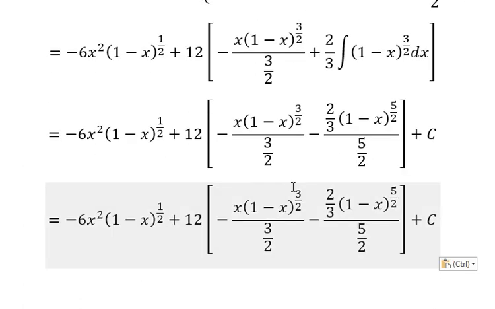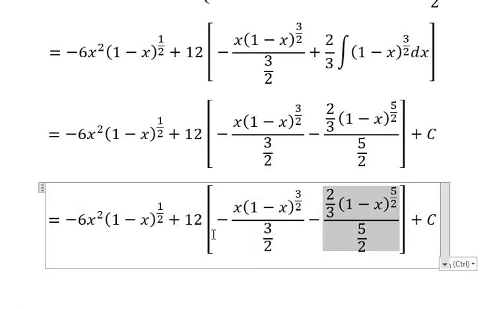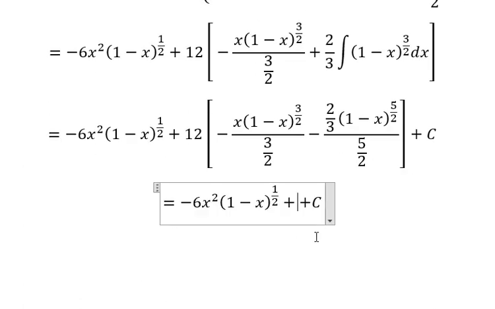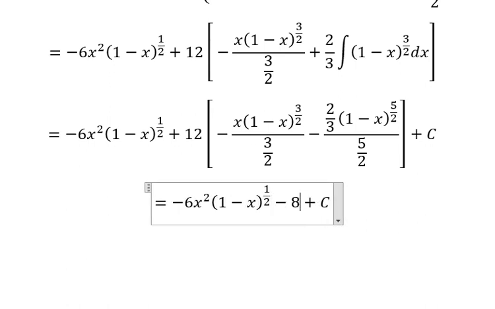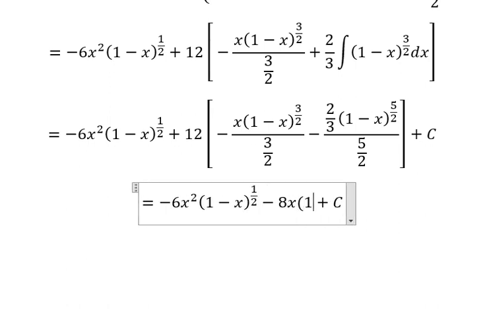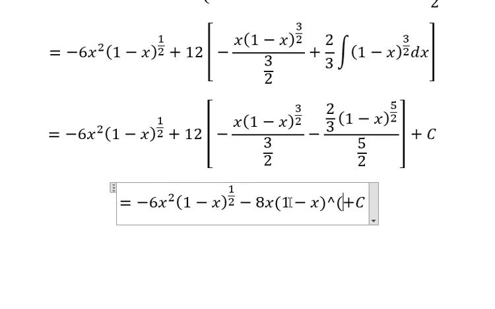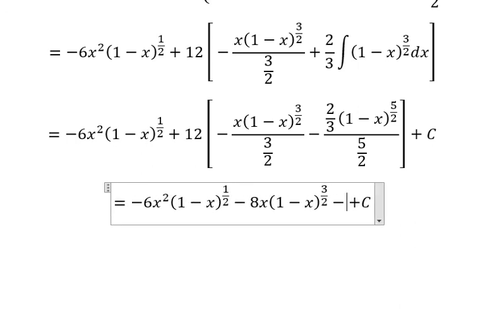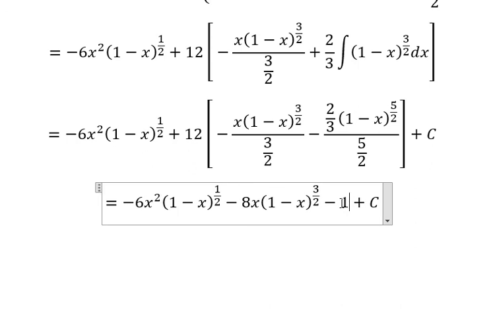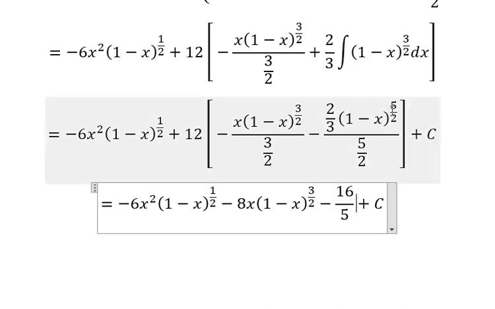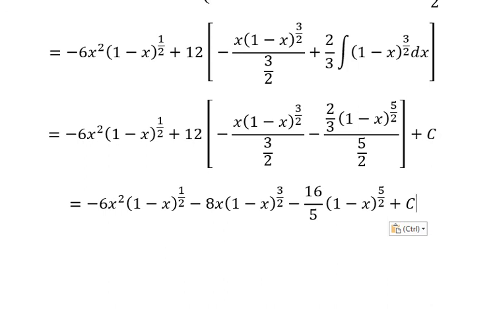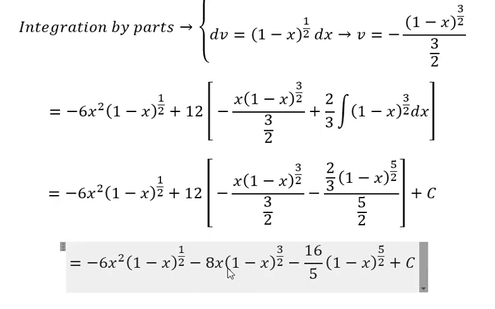Now 12 multiplied by this one and this one, you will get negative 8s multiplied by 1 minus s to the power of 3 over 2. This one you get negative 16 over 5 multiplied by this one. And this is the final answer.